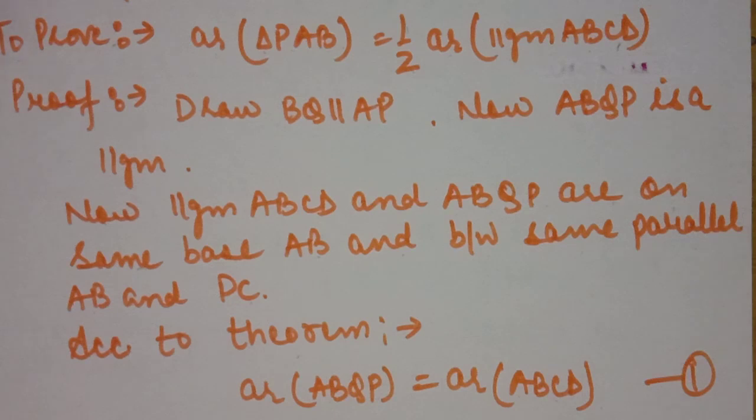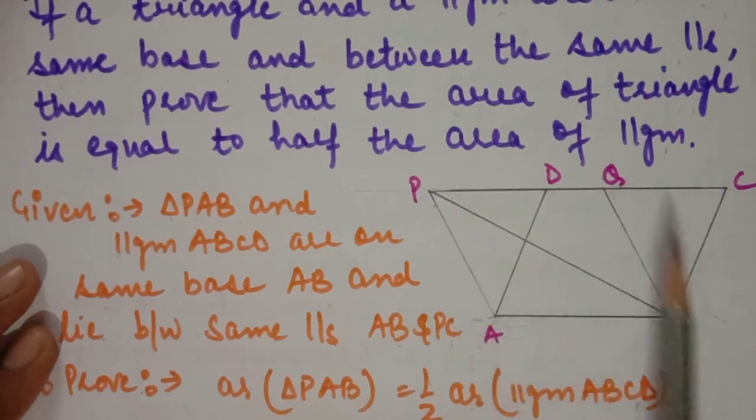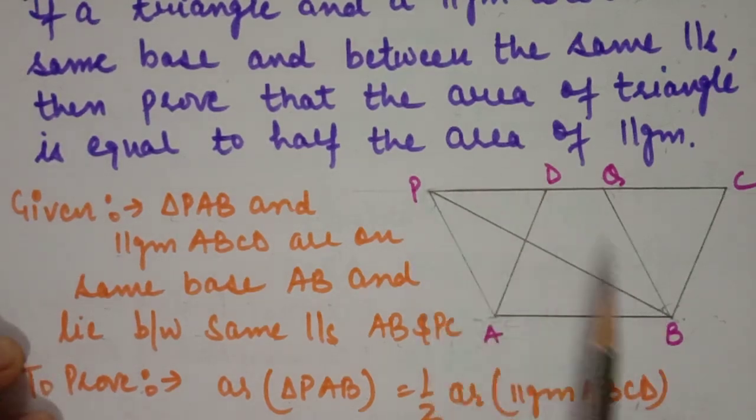So students, you understand what we did? Two parallelograms are present on the same base and lie between the same parallels, so the areas of these two parallelograms are equal to each other. But students, in this diagram it is very clear that in parallelogram APQB we have a diagonal PB. We know it very well from the 7th chapter that a diagonal of a parallelogram divides it into two congruent triangles.